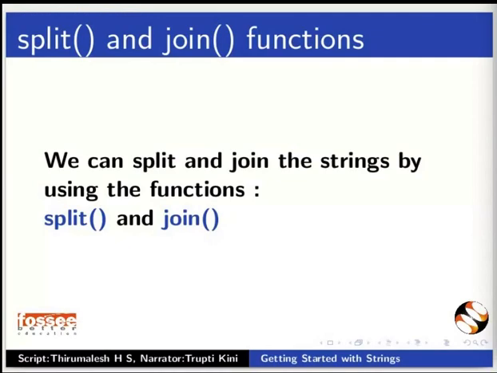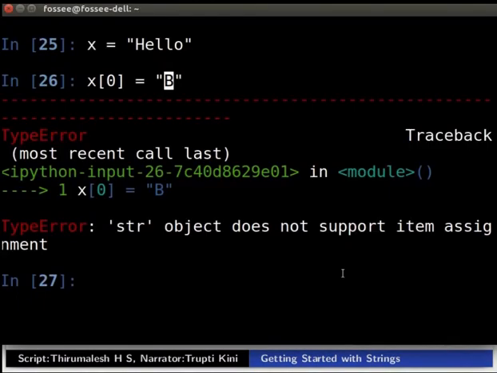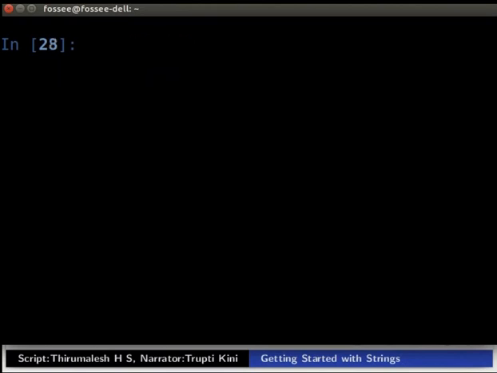We can split and join the strings by using the functions split and join. To join a string, the syntax is str.join inside parenthesis sequence. Switch to the terminal. Let us clear the terminal.